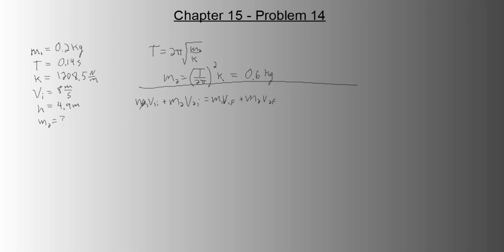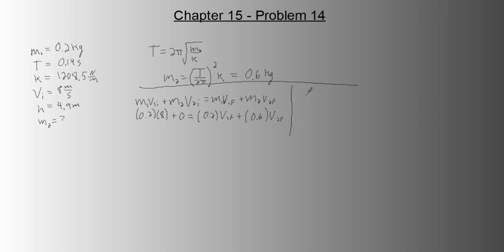And we know all these. 0.2 times 8, 1.6, plus 0, starts at rest, equals 0.2 times V1 final plus 0.6, which we just found up here, times V2 final.